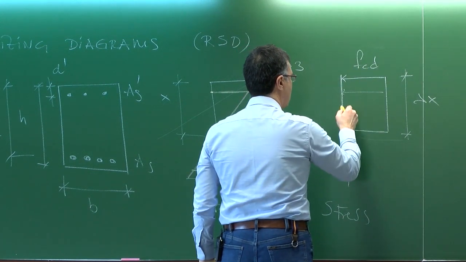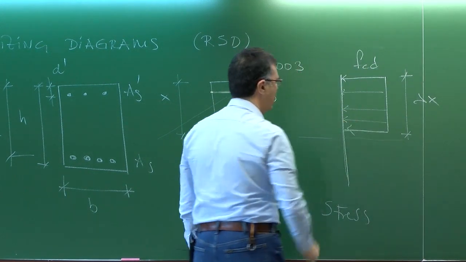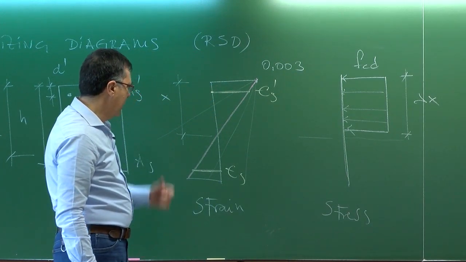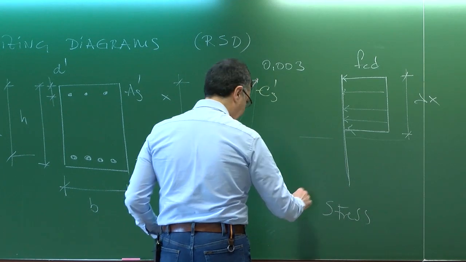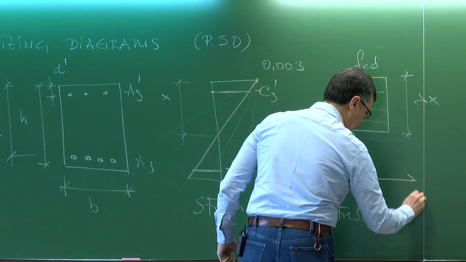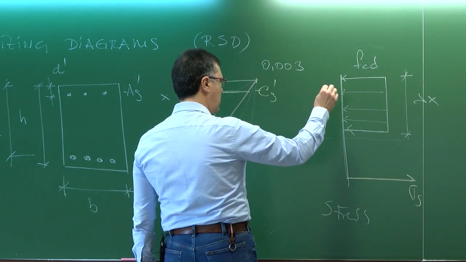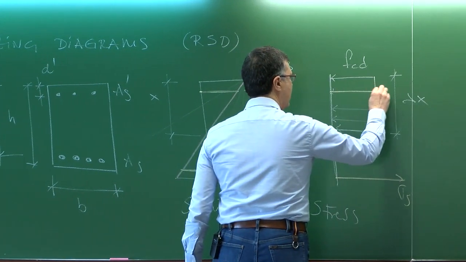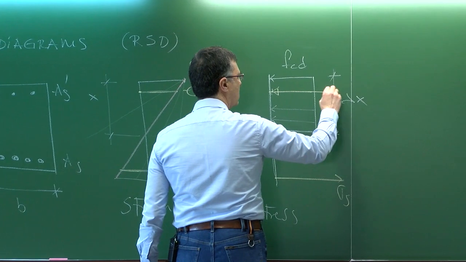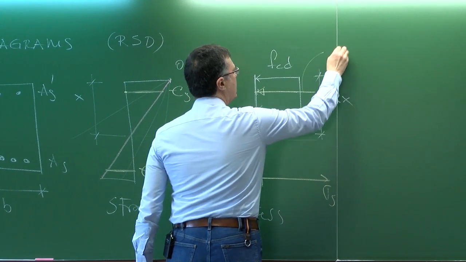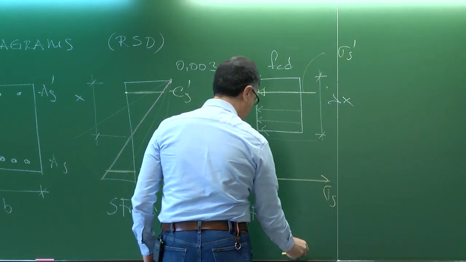So this is the contribution of concrete in capacity. Then here we are going to have sigma S, and here sigma S prime. Let's put that in compression.